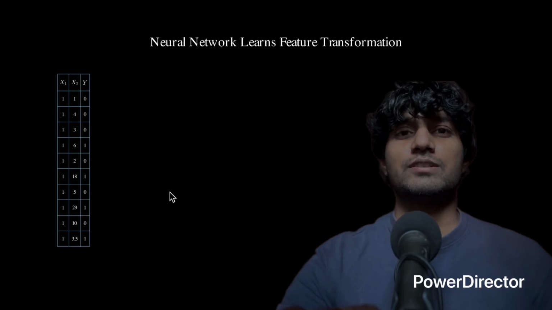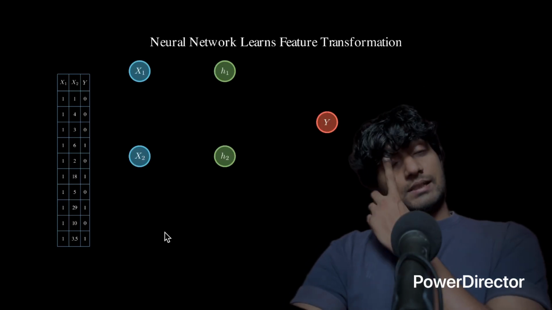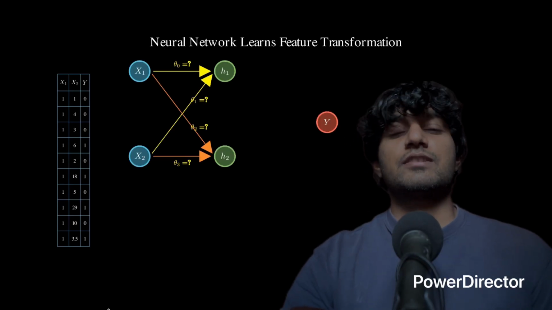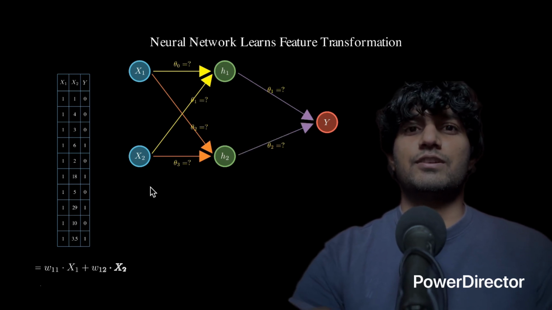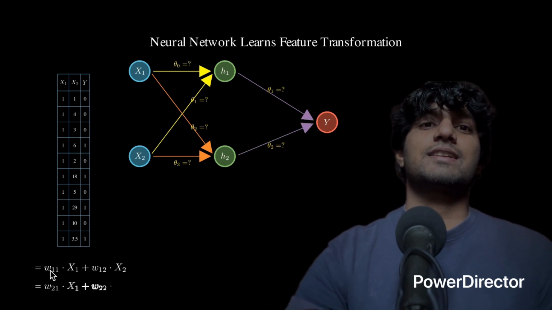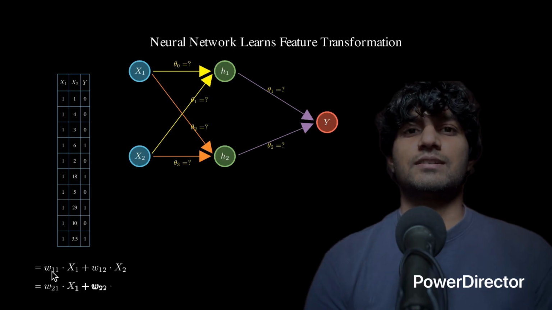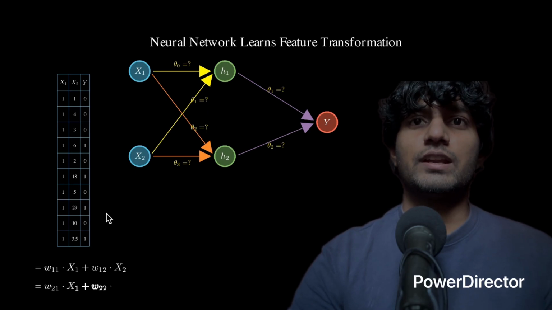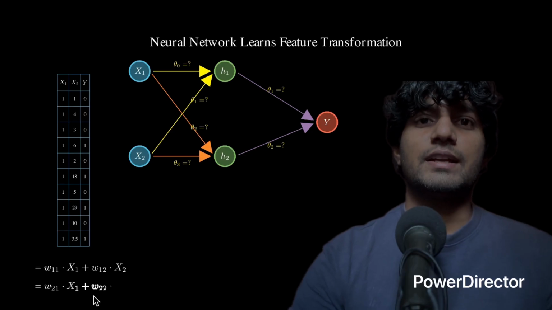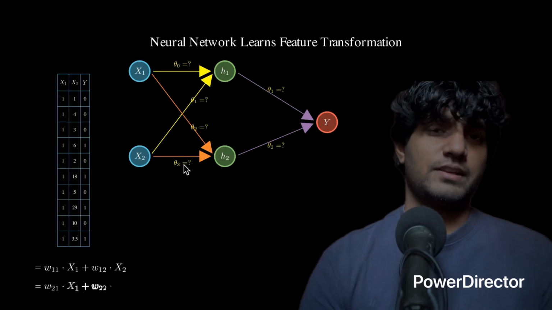So what we can do is create features like this. We call them hidden features. Here, w1 is what I'm talking about as theta 0, w12 is theta 1, w21 is theta 2, and w22 is theta 3, right?